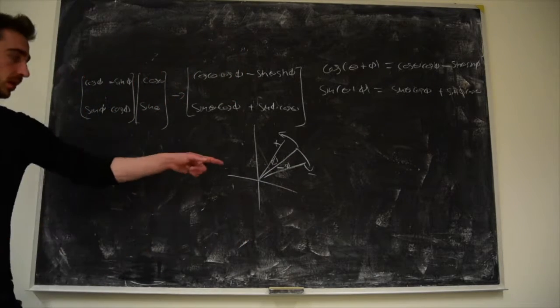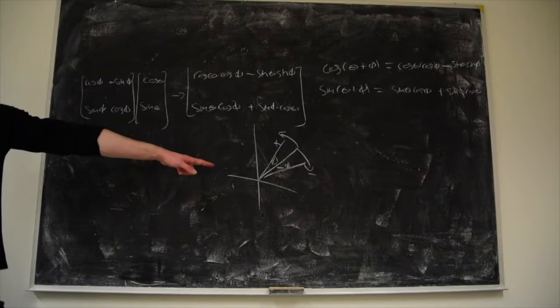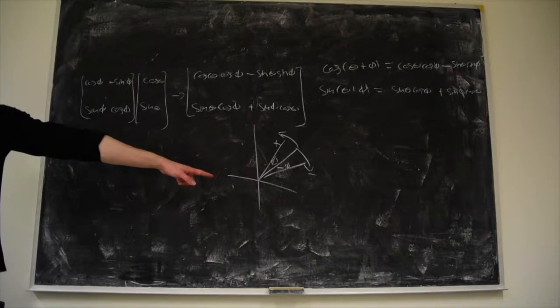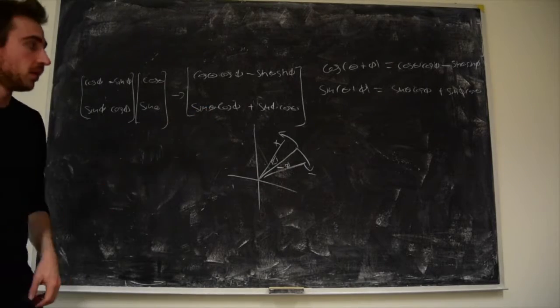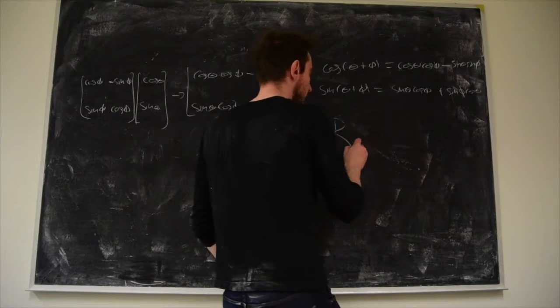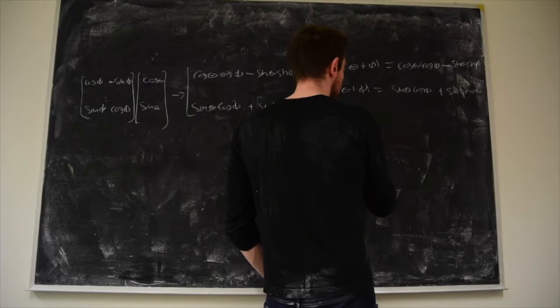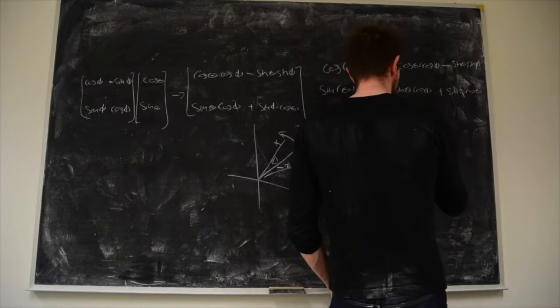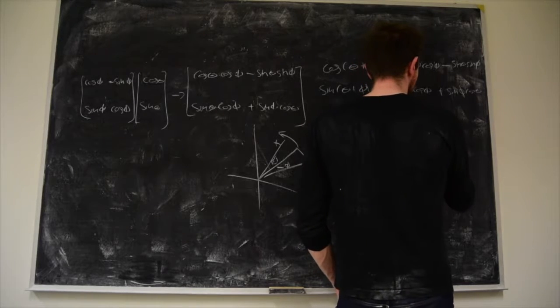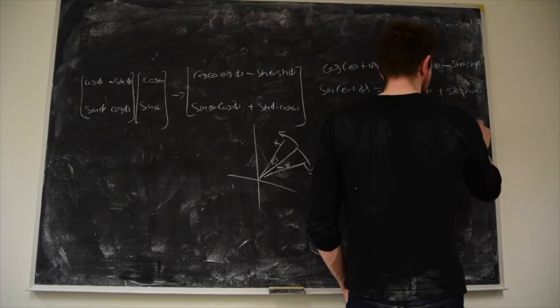And also notice that every rotation matrix is invertible, because you can rotate by the negative angle. So rotation by theta composed with rotation by negative theta is equal to rotation by negative theta composed with rotation by theta, which is the identity.